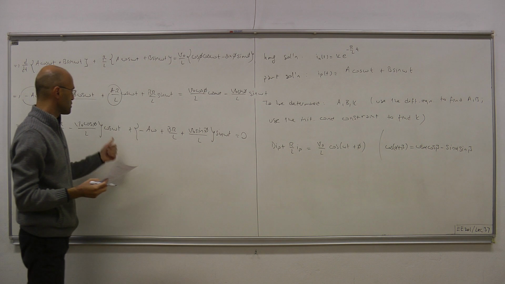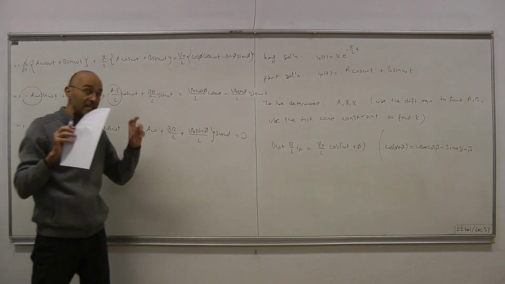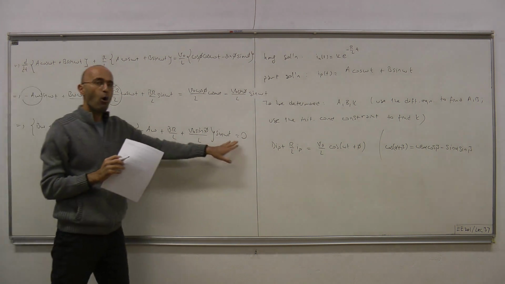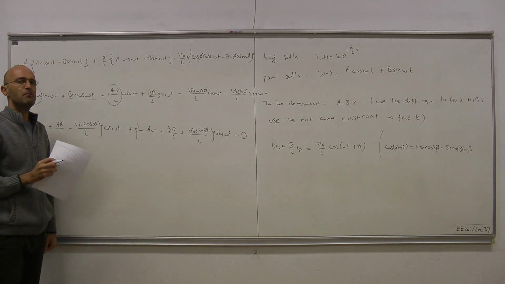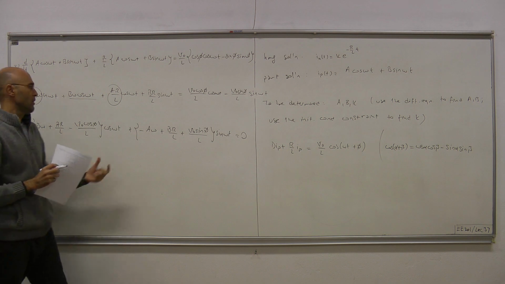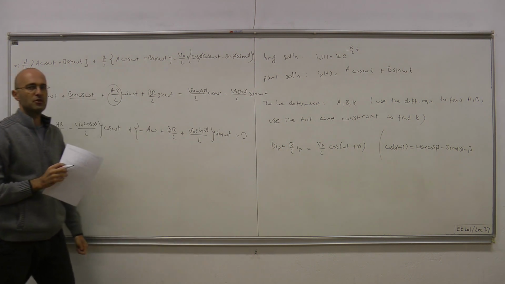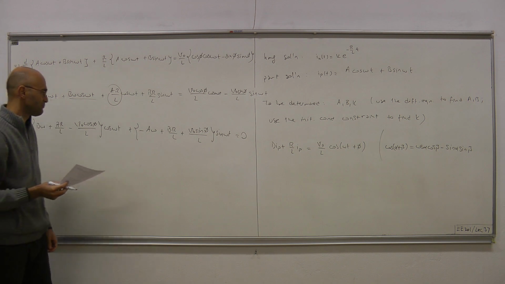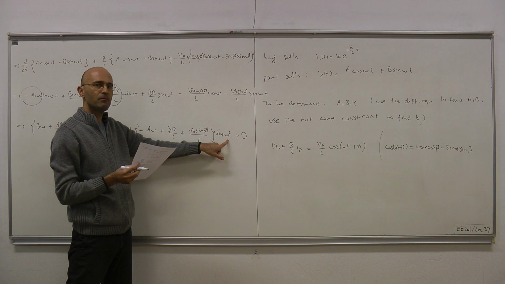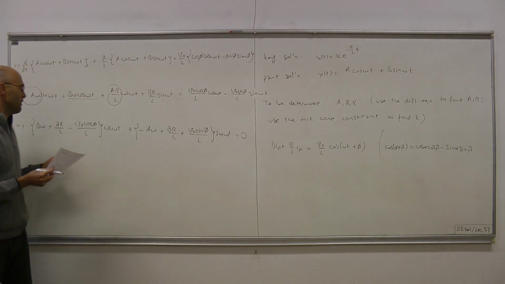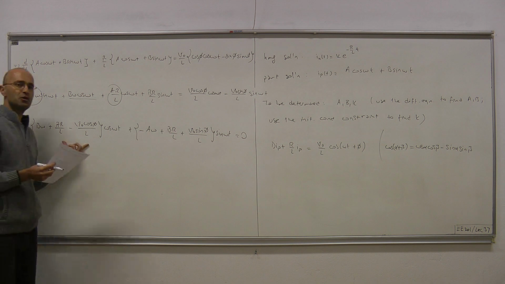Now, because cosine and sine are linearly independent functions, this equality holding at all times means that this coefficient of cosine and this coefficient of sine must each be 0. To see that, plug in t equals 0 and sine disappears and cosine becomes 1, so this thing equals 0.